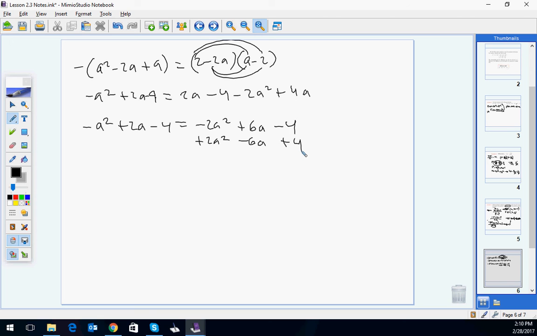This is a 9. Okay. Yeah, Emma. Are you good? Okay. It's okay, I've been making mistakes, so questions are good. All right. So we get a squared minus 4a minus 5 equals 0. And that's factorable, which is the end game here.